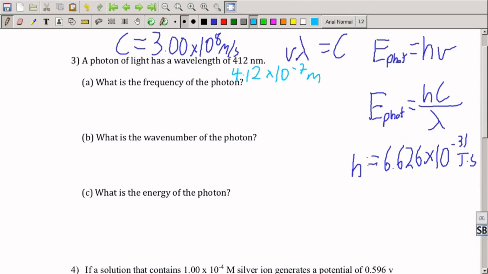Let's not worry about number of wave numbers. Let's just worry about frequency and energy, and then we'll do one other thing with this instead of wave numbers.